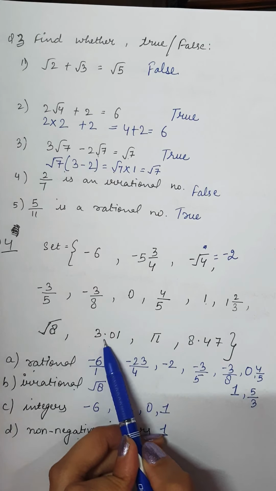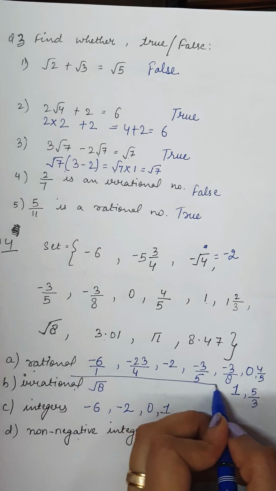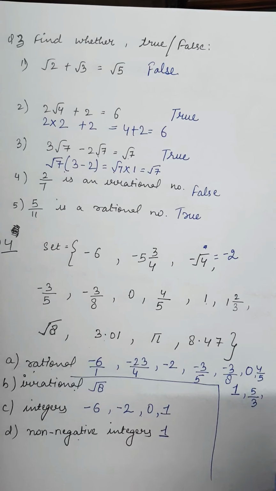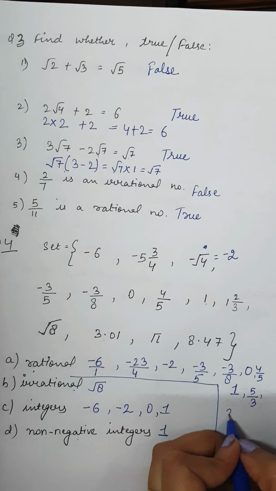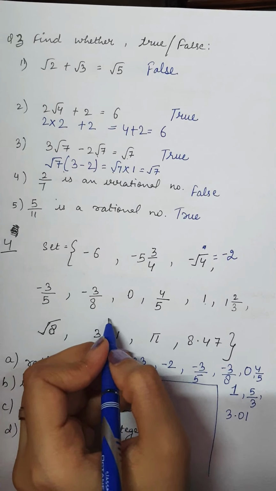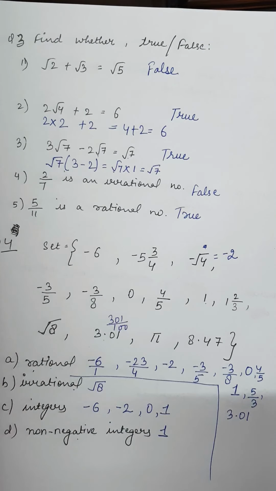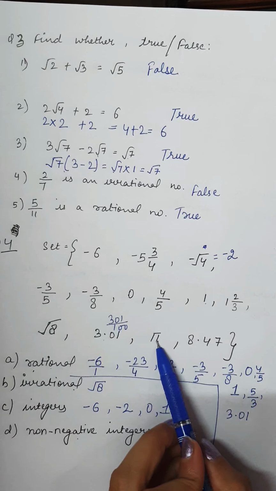Now 3.01. It will come in the rational category. I hope this is clear. The space is less here. 3.01, because this can be expressed as 301 upon 100. Then pi.